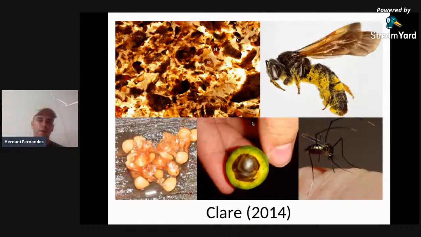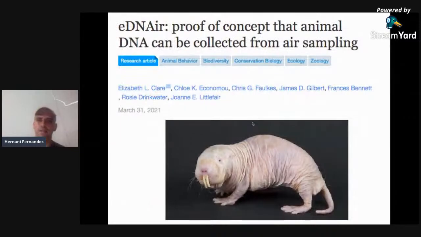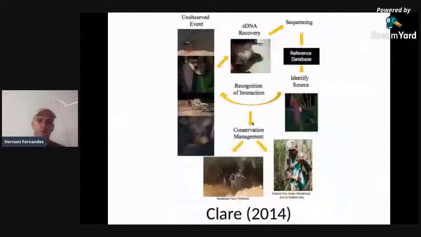So you can virtually find DNA anywhere. You can even find it in the air. This is a very recent article that came out a few days ago from my PhD supervisor, where she showed that you can actually collect and describe DNA from the air in a closed room. So we have a lot of potential applications of these methods.